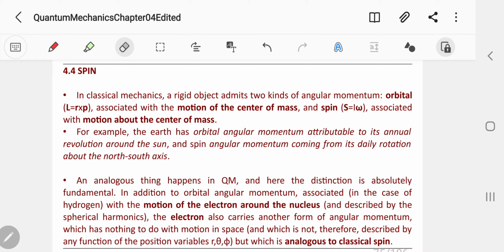That's called the spin. The orbital angular momentum is denoted by L, and the spin angular momentum is just equal to I times omega, where I is the inertia of the object times its angular speed.